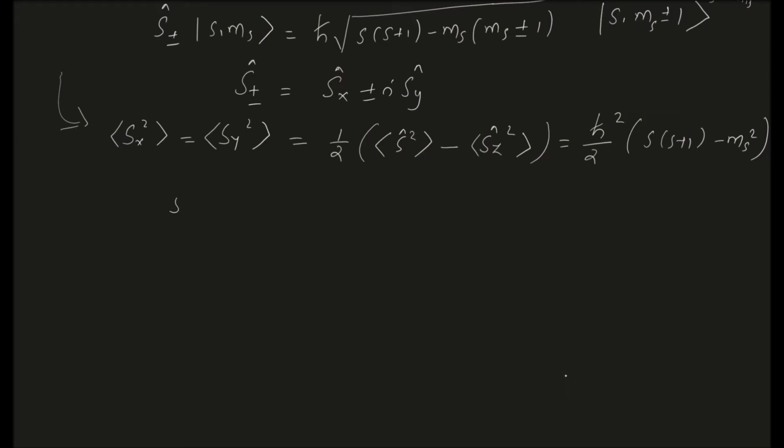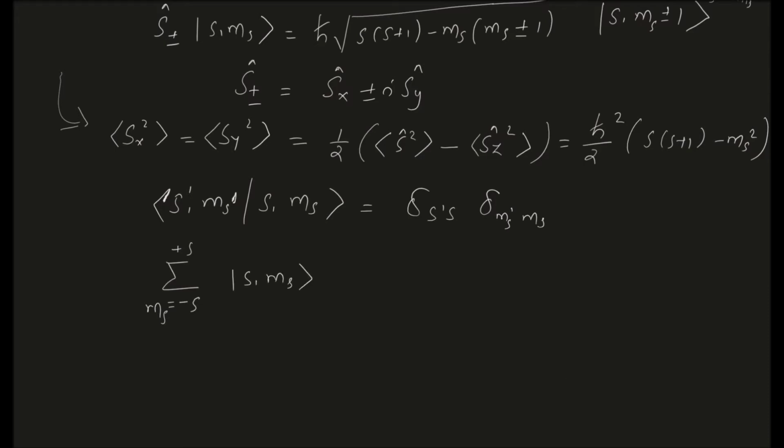That means we can write <s', m_s'|s, m_s> is equal to delta_{s' s} delta_{m_s' m_s}, and the completeness condition tells us that the summation over m_s, which can have values from minus s to plus s, of |s, m_s><s, m_s| is equal to the unit matrix or the identity matrix. Okay.